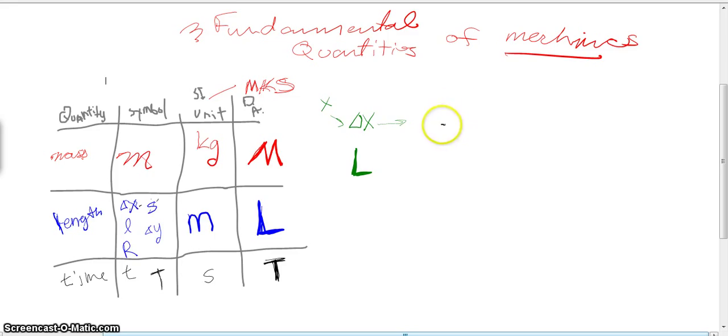I'll get you started on it, and tomorrow I might have y'all show me how all this works together. So let's put that over change in time, change in position over change in time, which would be velocity. I'm being good and putting the arrow. So that would just be dimensionally length over time.